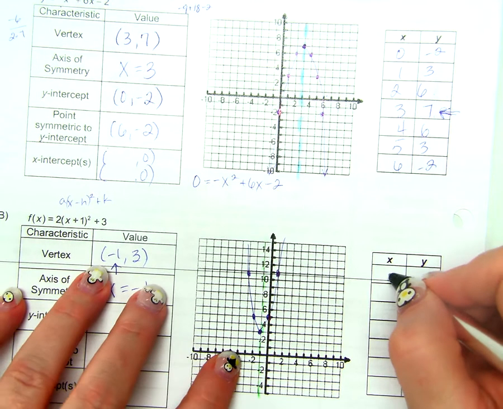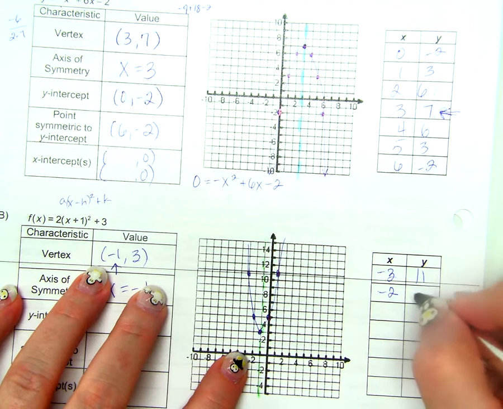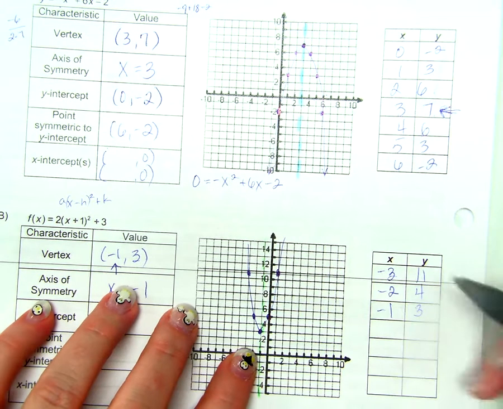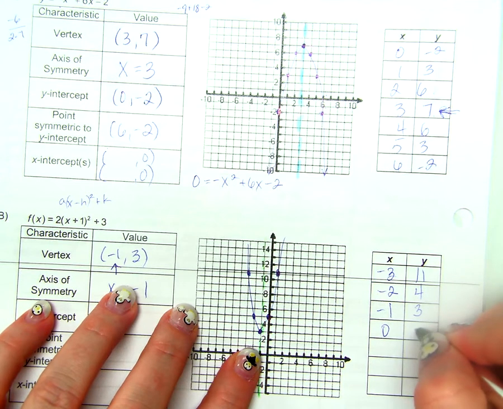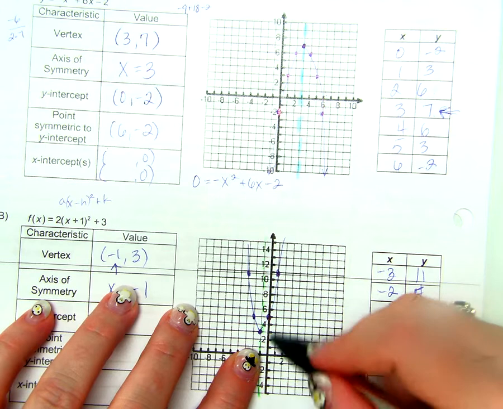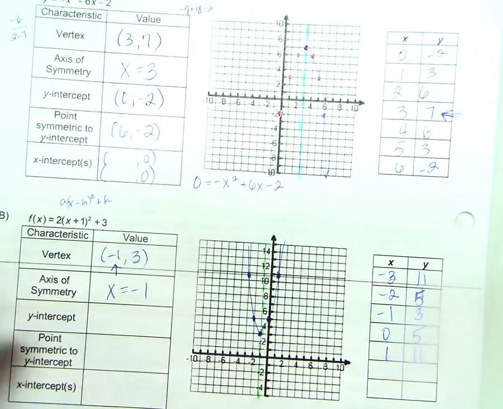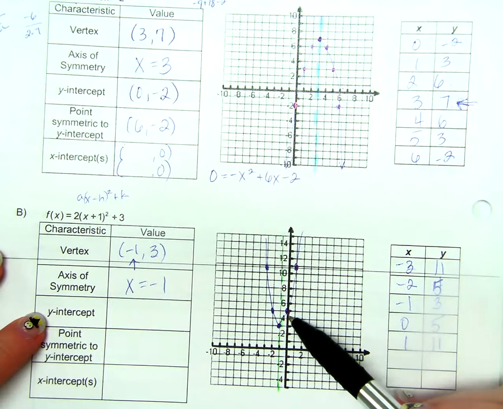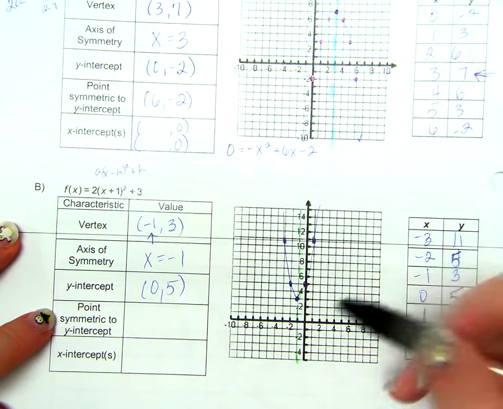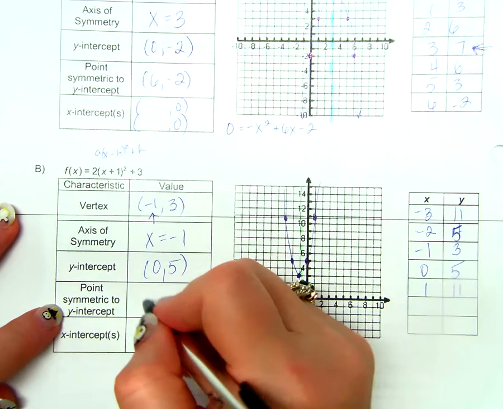So that gives me (-3, 11), (-2, 5), (-1, 3), which I knew already from my vertex, (0, 5), not 4, it's 5, sorry about that, and (1, 11), okay? So that tells me where my y-intercept is because I can see it. That's at (0, 5). The point symmetric to that point across the axis is (-2, 5).